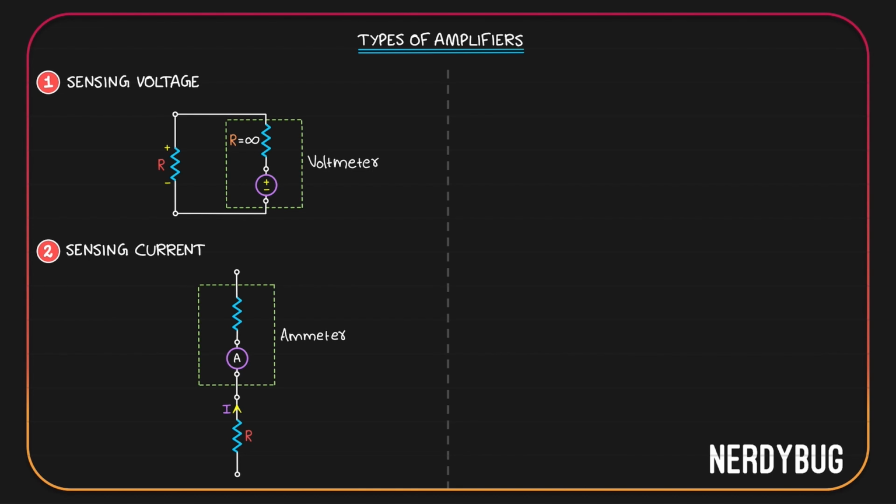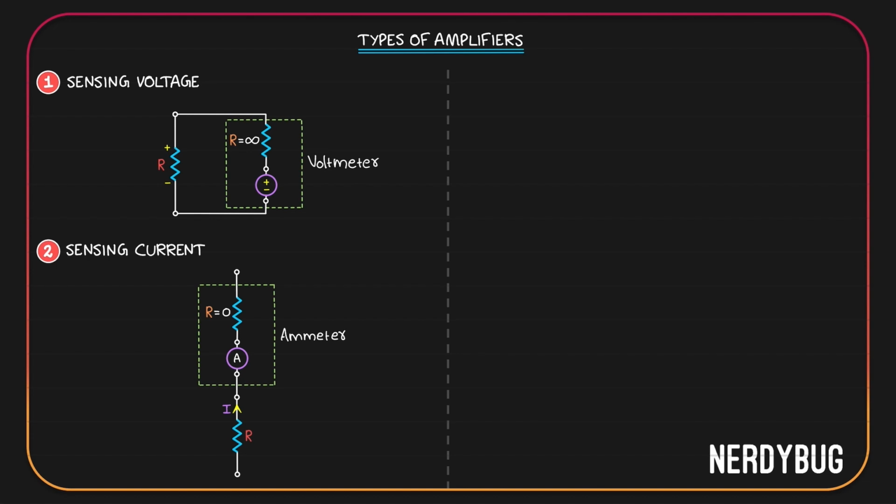This means the resistance of the ammeter should be equal to 0, so that when the current flows through the ammeter, none of the potential will be dropped over here because there is no resistance. So a system that senses current should have an internal resistance of 0.